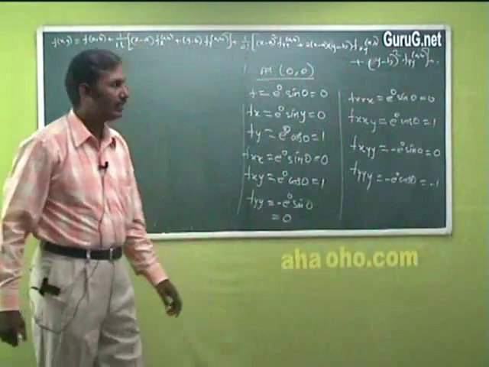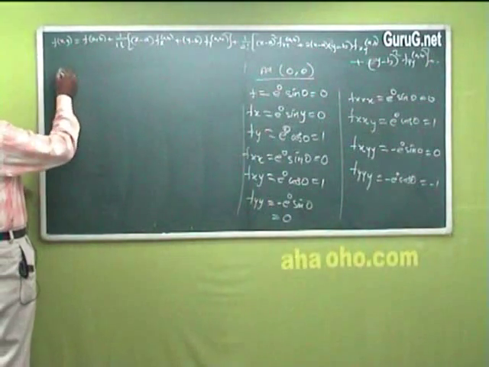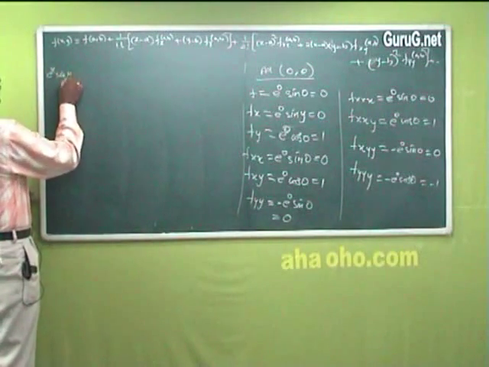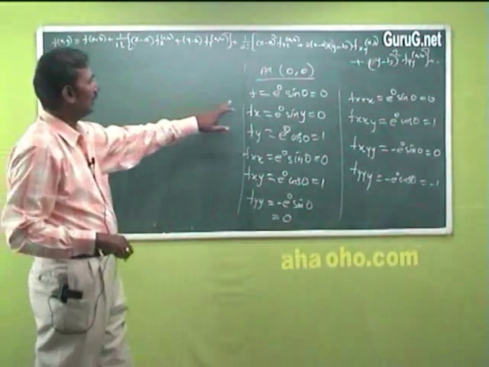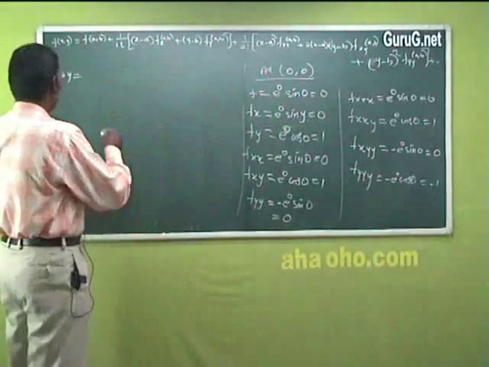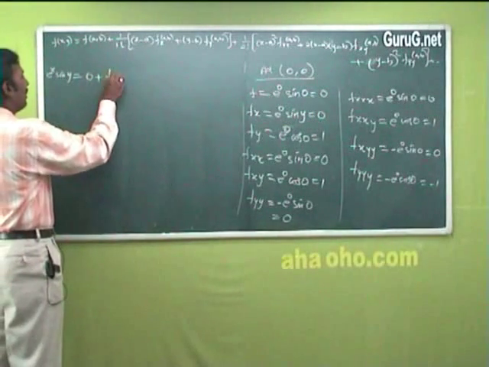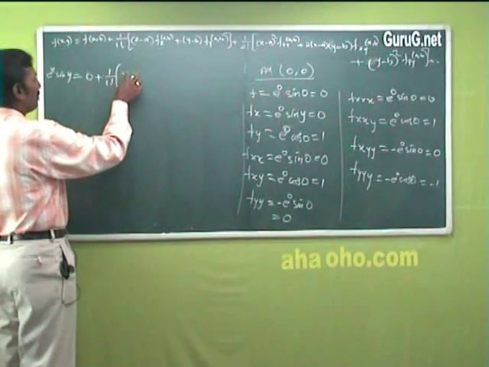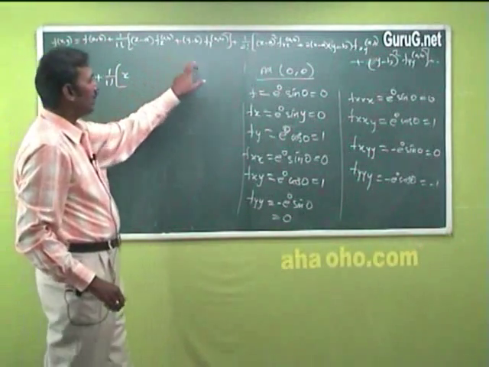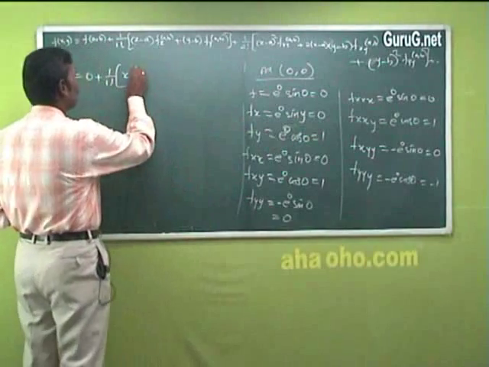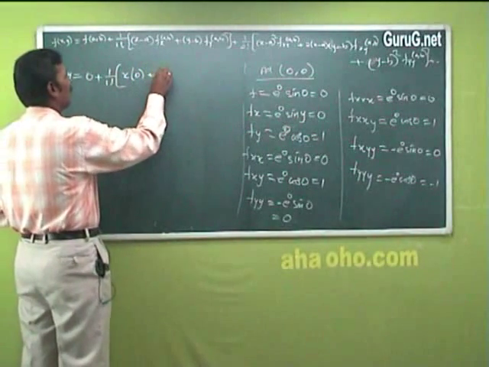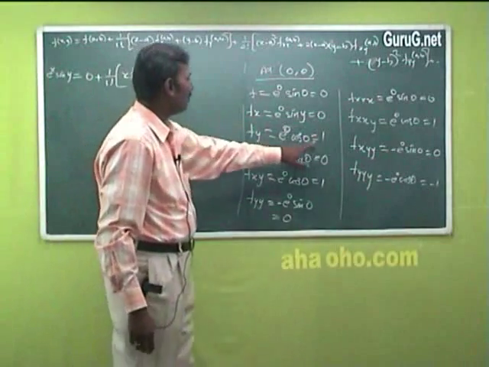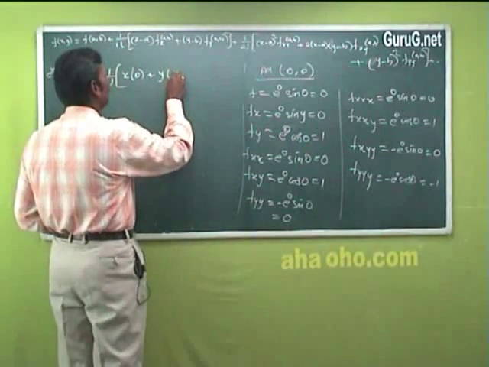Now the point (a, b) is (0, 0). So e power x sin y equals f of 0, 0, which is 0, plus 1 by 1 factorial [x fx of a, b, which is 0, plus y fy of a, b, which is 1], right?